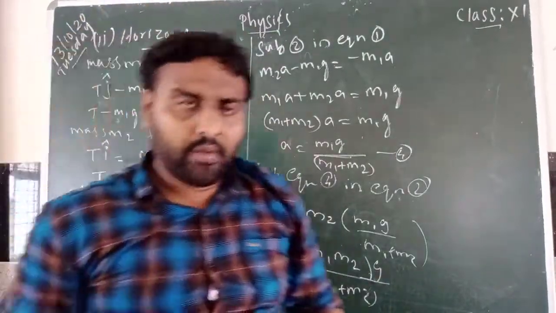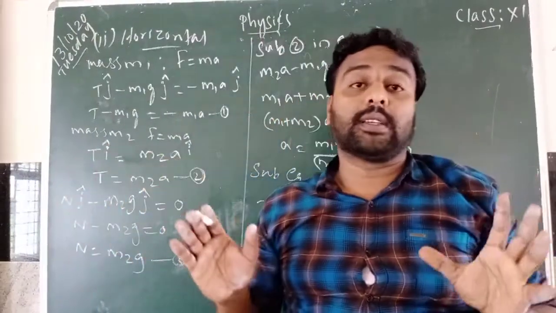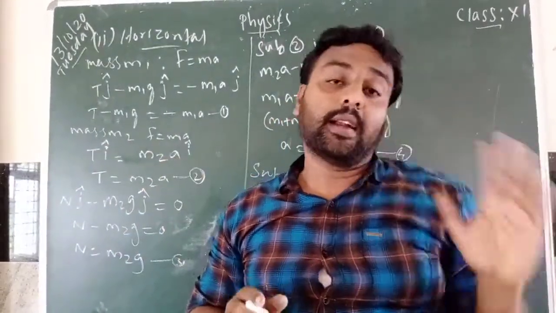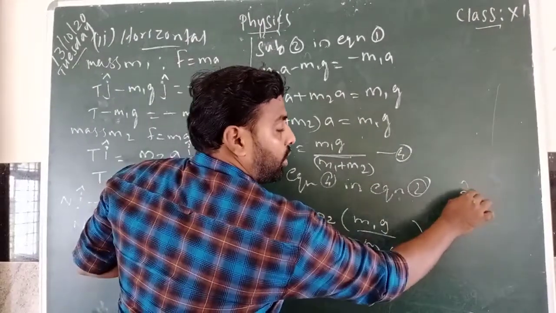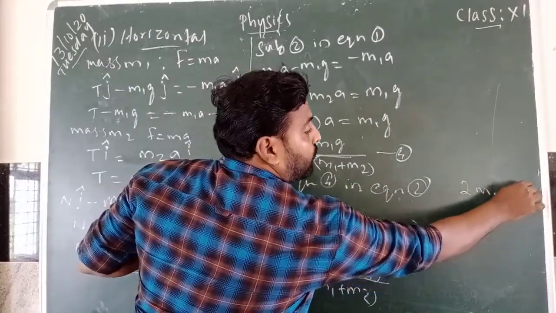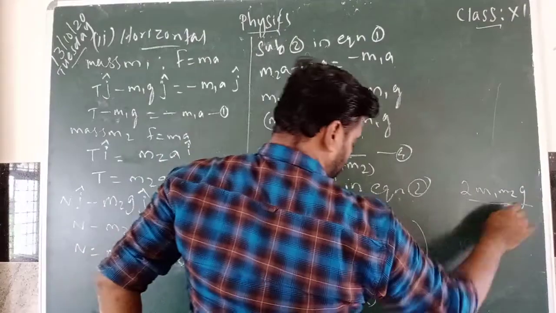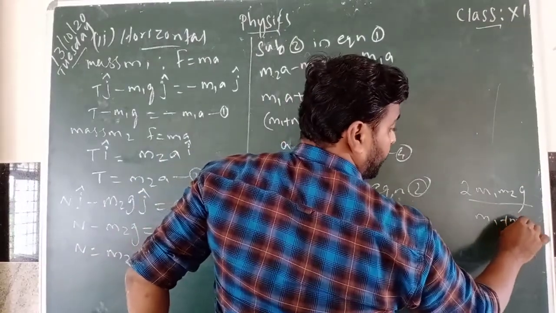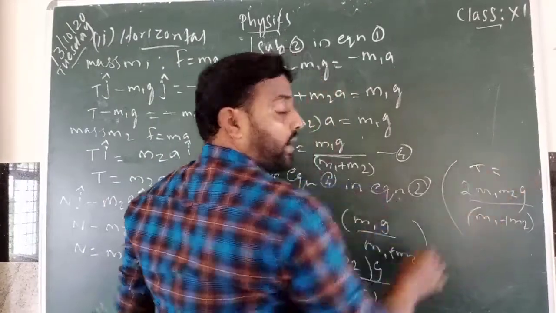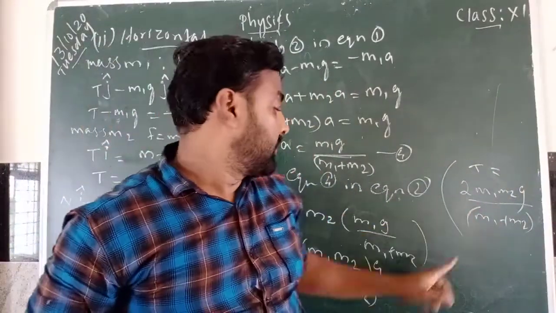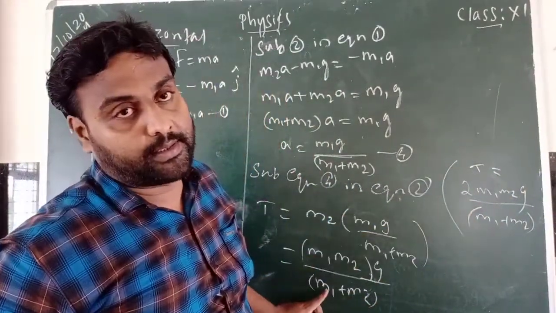When we compare vertical motion and horizontal motion, in vertical motion we got 2 M1 M2 G divided by (M1 plus M2) as the tension, and this is the horizontal motion tension.